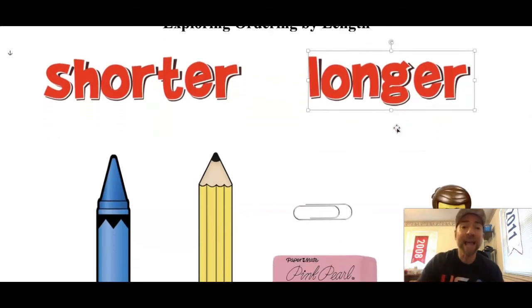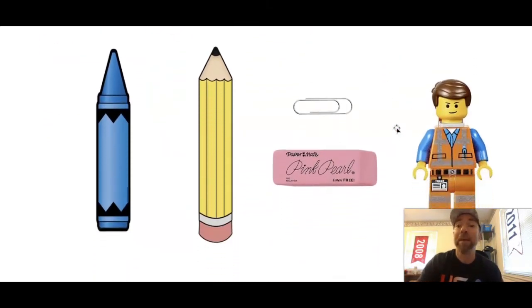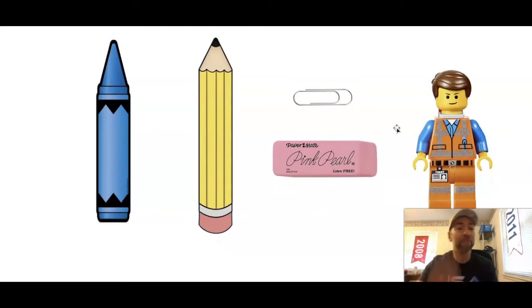So I have some objects on my screen. I have a crayon, a pencil, a paperclip, an eraser, and a Lego minifigure, and this guy's name is Emmett. You might remember Emmett from the Lego movie.